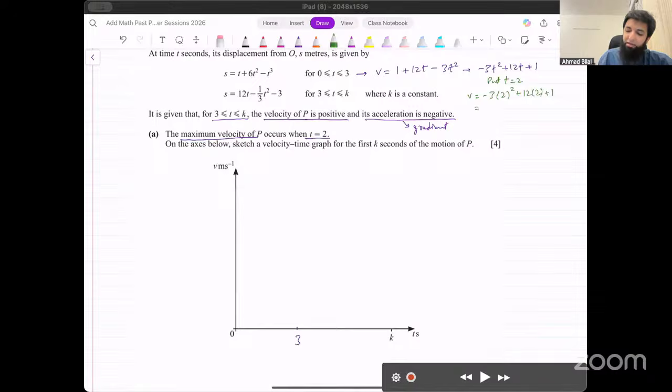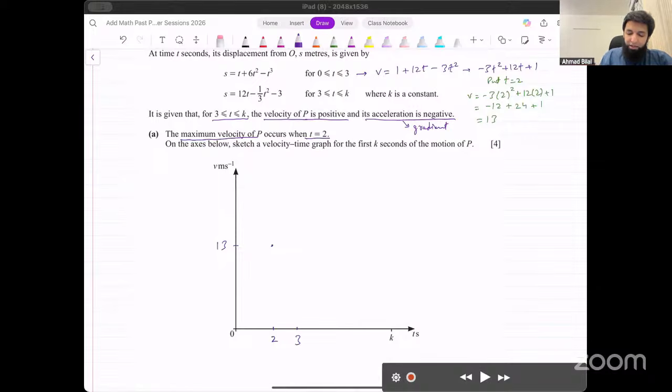What do we get from this? Minus 3 times 4 is minus 12. Minus 12 plus 24 plus 1. I think that's 15, right? Or 13. Let me just write that down. Minus 12 plus 24 plus 1, which will be 13. Okay, so we know at time 2, we have a maximum velocity. And the value of that maximum velocity is 13. Let's mark that there. So we have a maximum point here.